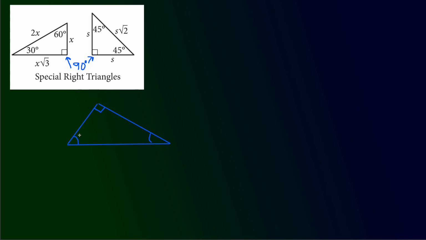And if it was 45 degrees, even though it doesn't look like the 45-degree triangle, this would be the same kind of triangle. So if we know that it has a right angle and either a 30, 60, or 45, it's a special right triangle. That's the first thing we want to be able to do: identify what kind of triangle we're working with. If it's not a special right triangle, we'll talk about that in a different video.